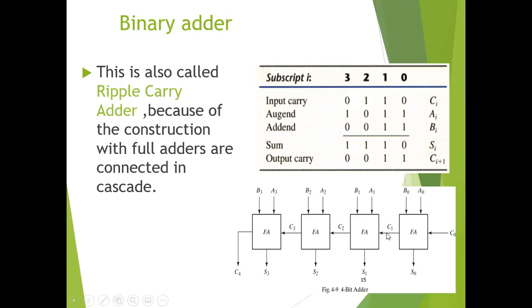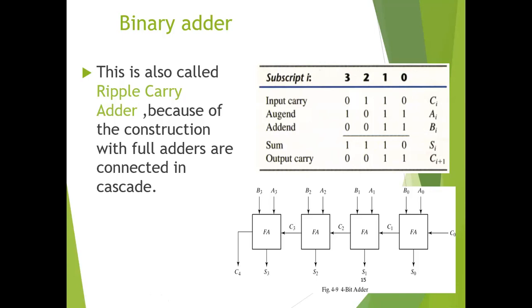The output carry of the first adder becomes the input carry of the next full adder in the chain, the output carry of the second full adder becomes the input carry of the third, and the output carry of the third full adder becomes the input carry of the fourth full adder circuit, as shown in this diagram.